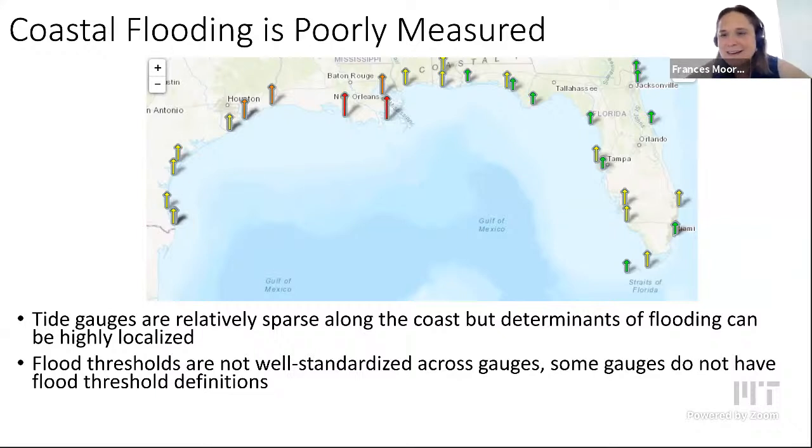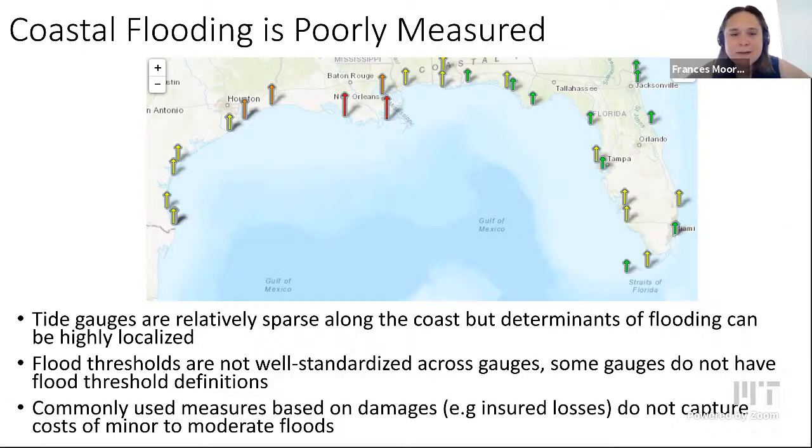What that means is the definition of either how frequently or how consequential a minor flood is across different gauges is not well standardized. So a minor flood at one gauge might be really different in terms of its impact than a minor flood at another gauge. And also not all tide gauges have flood thresholds, right? So they're not even defined for a not small subset of these tide gauges.